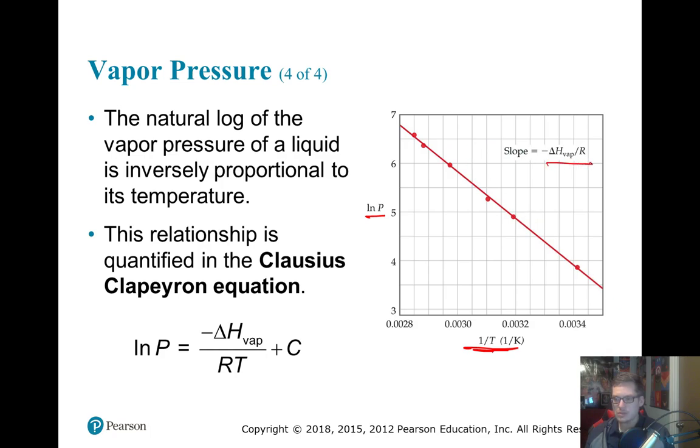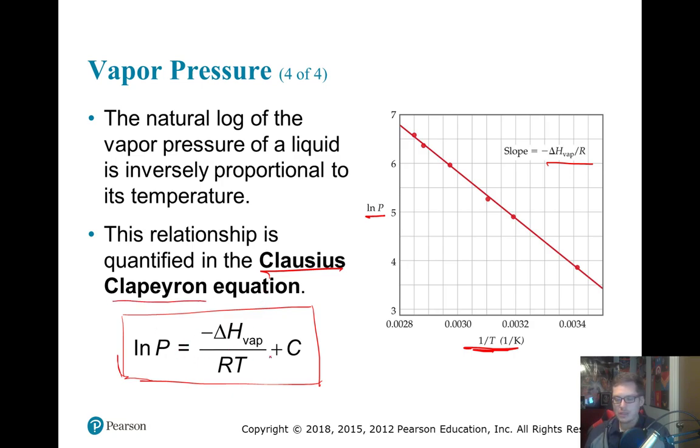The slope would be negative, and it would be delta H of vaporization over the R value, and that R value is the constant. Now, this relationship occurs for everything. It's pretty wild. We always get a straight line if we graph these together. There are lots of different versions of this formula, but they all essentially say the same thing. It's the Clapeyron equation.